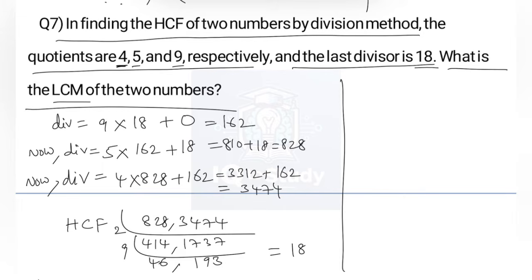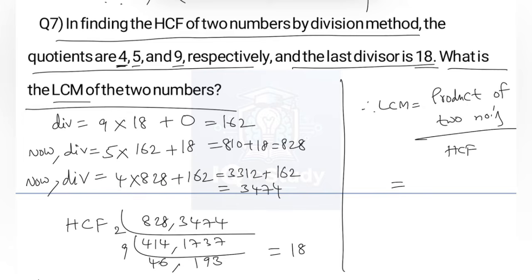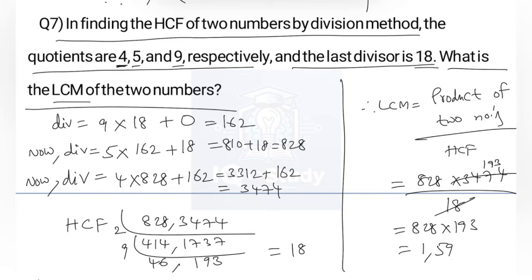We have to find the LCM of two numbers. So LCM is equal to product of two numbers divided by HCF. It is equal to 828 into 3474 divided by 18. So the answer is equal to 1,59,804.